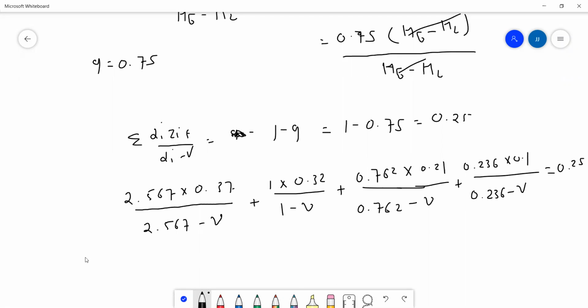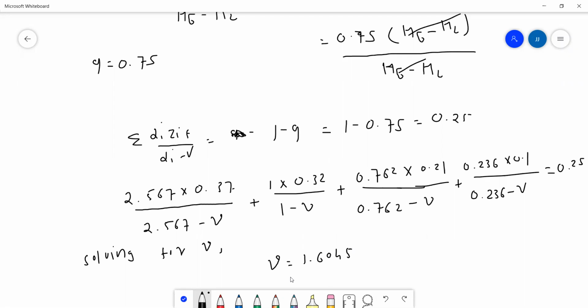So solving for theta, we get theta is equal to 1.6045.